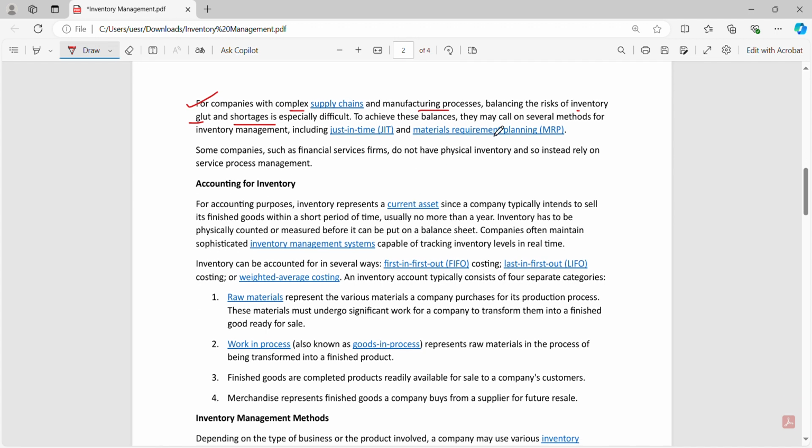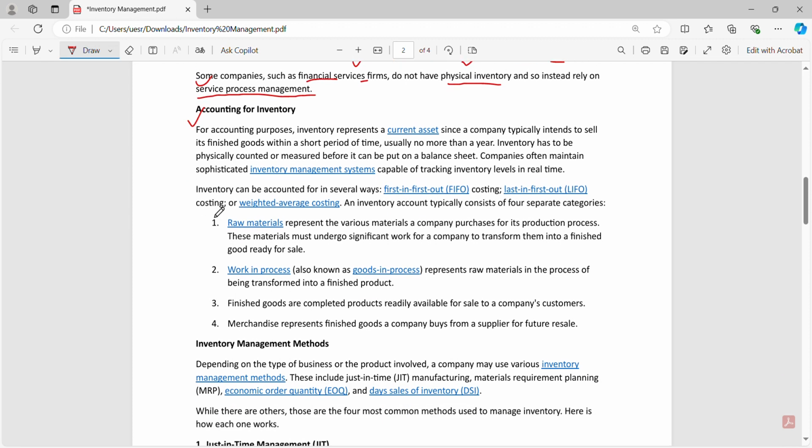To achieve these balances, they may call on several methods for inventory management, including JIT (just in time) and material requirement planning, MRP. Some companies, such as financial services firms, do not have physical inventory and so instead rely on service process management, SPM.